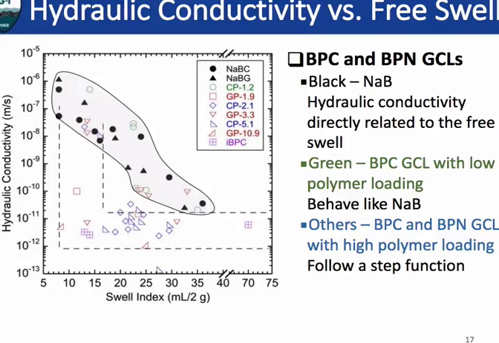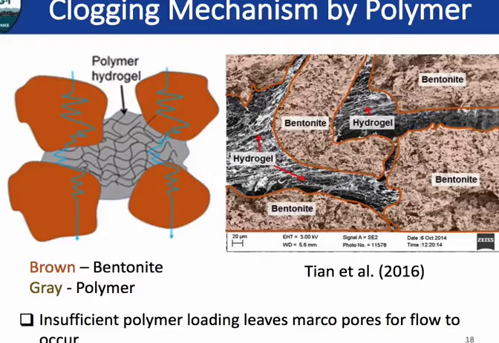However, when we plot the BPC and IBPC GCLs onto this figure, we can see that with low swell, you can still have low hydraulic conductivity. Low swell here means less than 16 milliliter per 2 grams. You can still have low hydraulic conductivity, about 1 times 10 to minus 12.